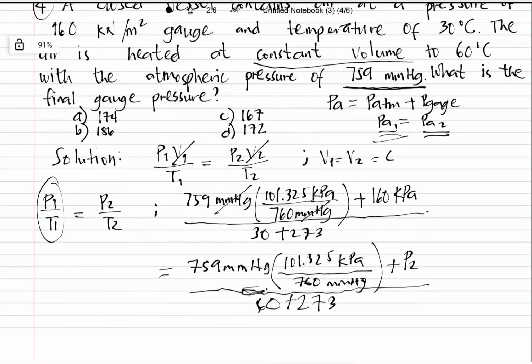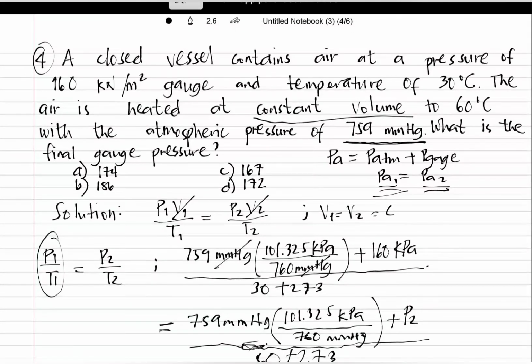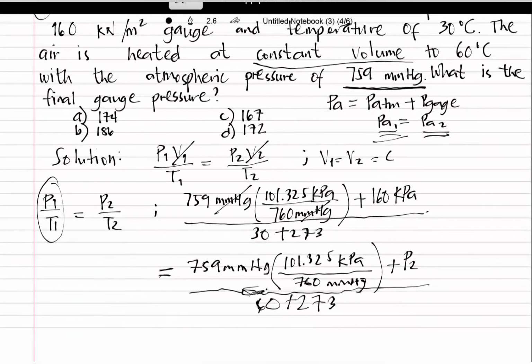So 60 plus 273. So pag sinolve mo yan, makukuha mo, yung P sub 2 is naka-gauge pressure na siya. Okay? So P sub 2, magiging sagot natin dyan is 185.86. Unit niyan ay naka-kilopascals.